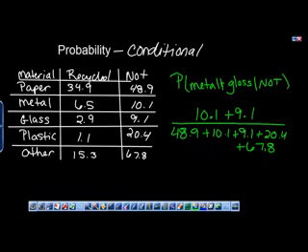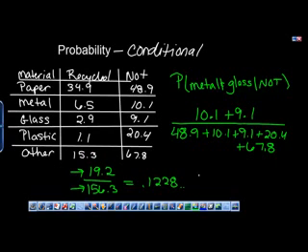Remember, add the top up, add the bottom up. When adding the top and the bottom numbers, the top, I got 19.2, and the bottom, 156.3. When dividing those out, I get 0.1228, and so on, which is 12.3%.